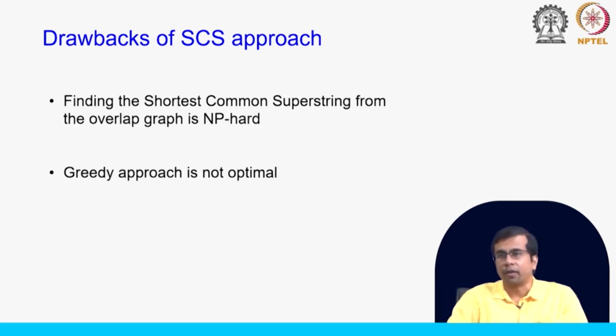We also talked about the greedy approach, which could give us a workaround to this problem. What the greedy approach does is take the best possibility that is available at that point and try to find a solution. With the greedy approach in shortest common superstring, it will start merging reads that show the most overlaps, go on with that approach and try to find the reference genome.